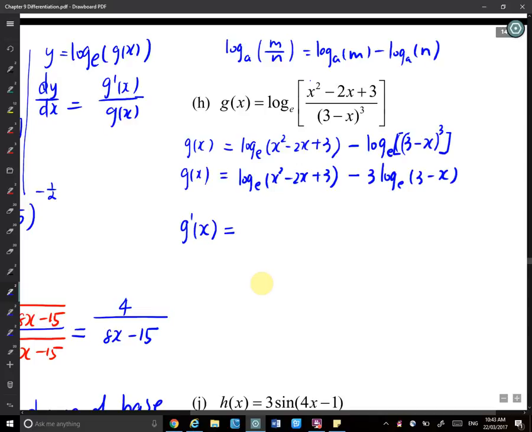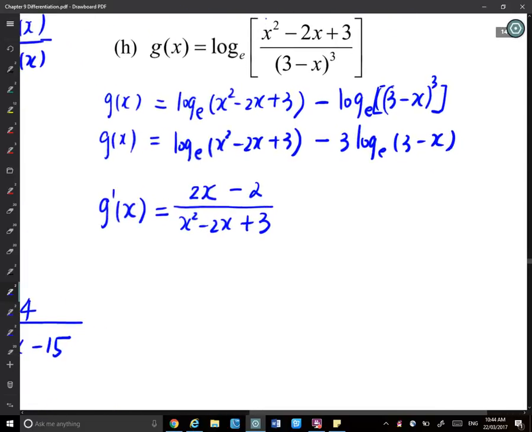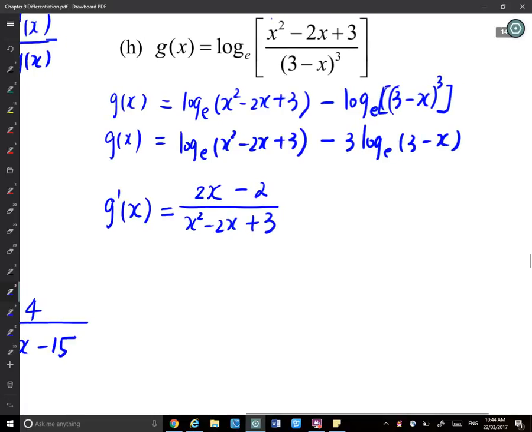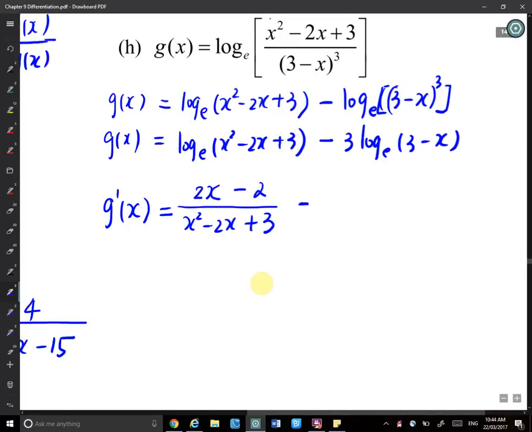Derive this inside. So that will give me 2x minus 2 over x squared minus 2x plus 3. Okay, g dash x over gx. So if I do that, can I simplify that? No, I can't really simplify it. Minus 3 times the derivative of log e 3 minus x.